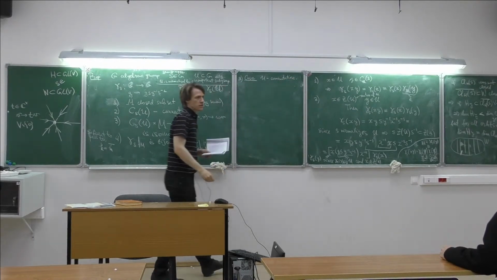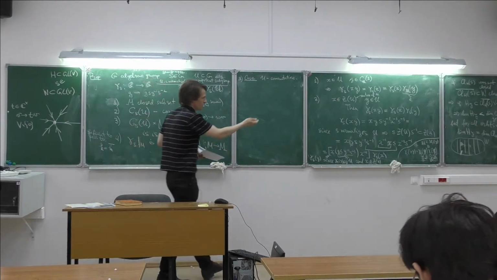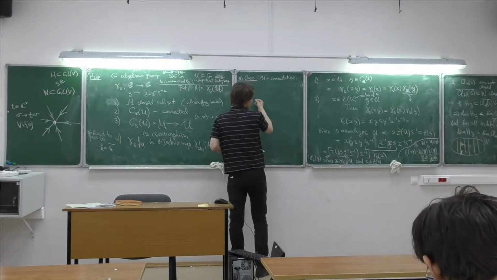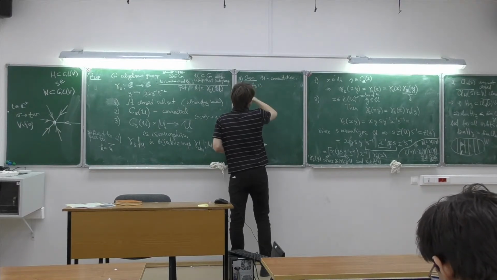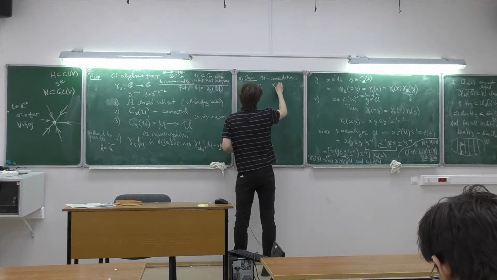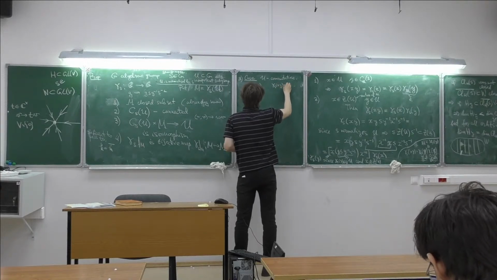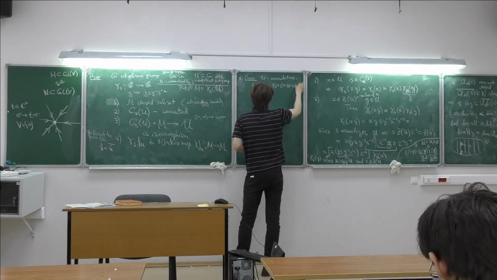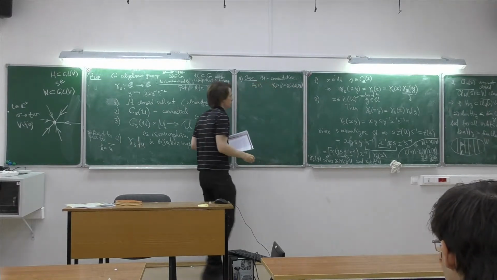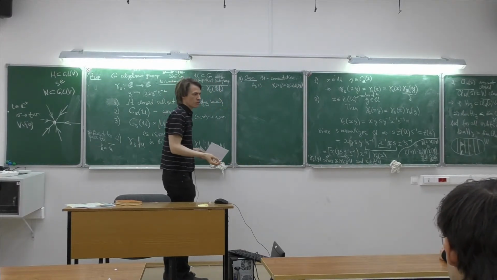And this tells you that, by the second property, you have gamma s of x, y is just gamma s of x, gamma s of y. And this tells you that this is a homomorphism. Yeah?